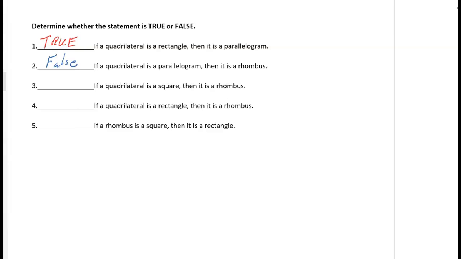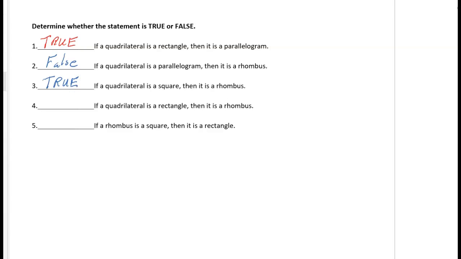Problem number 3. If a quadrilateral is a square, then it is a rhombus. So the question you need to ask yourself is, does every square have the properties of a rhombus? Every square does have the properties of a rhombus. So if a quadrilateral is a square, it is technically a rhombus also. So this is true.